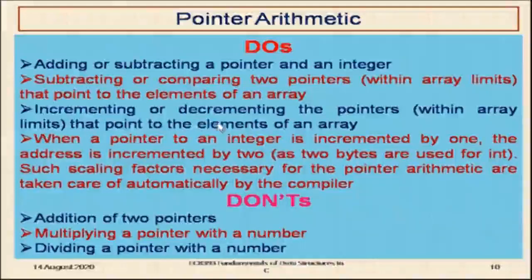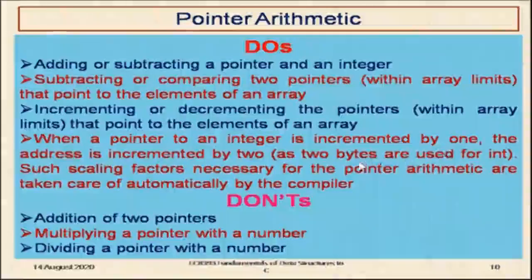Similarly, we can increment or decrement the pointers within the same array limits. We can perform the increment, decrement, subtraction or addition operation within the same array. That is allowed. And when a pointer to an integer is incremented by 1, as we have seen in the last slide also, the address is incremented by 2, as 2 bytes are used for an integer.